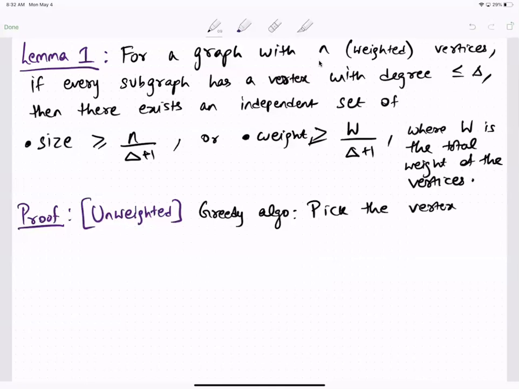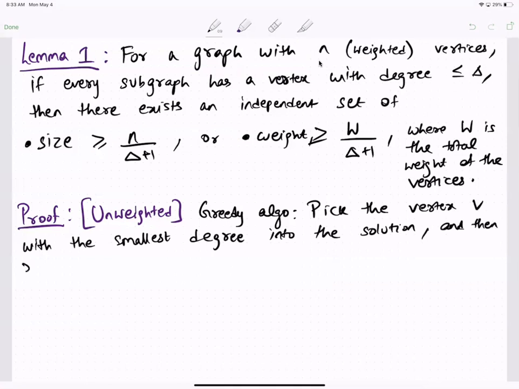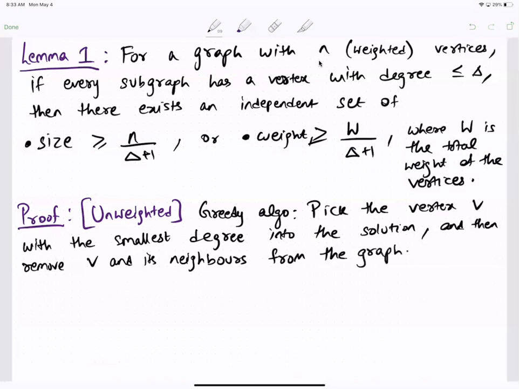Pick the vertex V with the smallest degree into the solution, and then remove V and its neighbors from the graph. Repeat till the graph is empty.